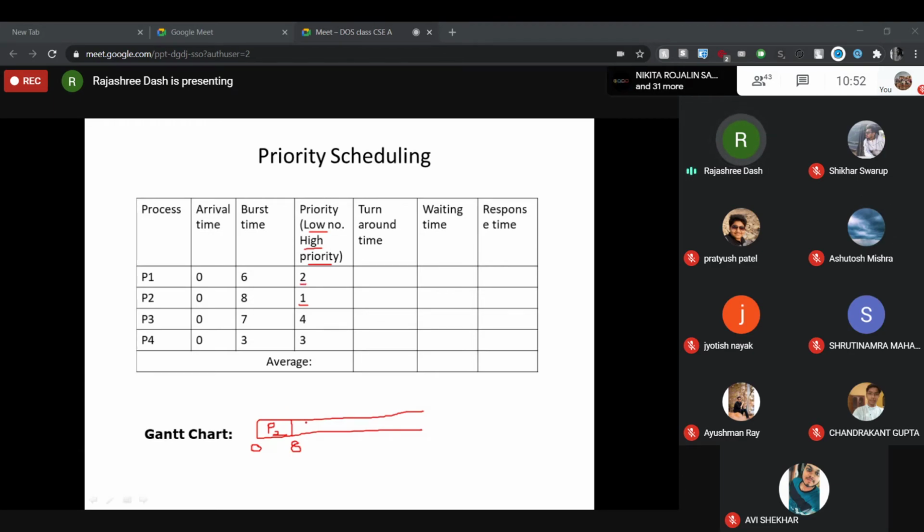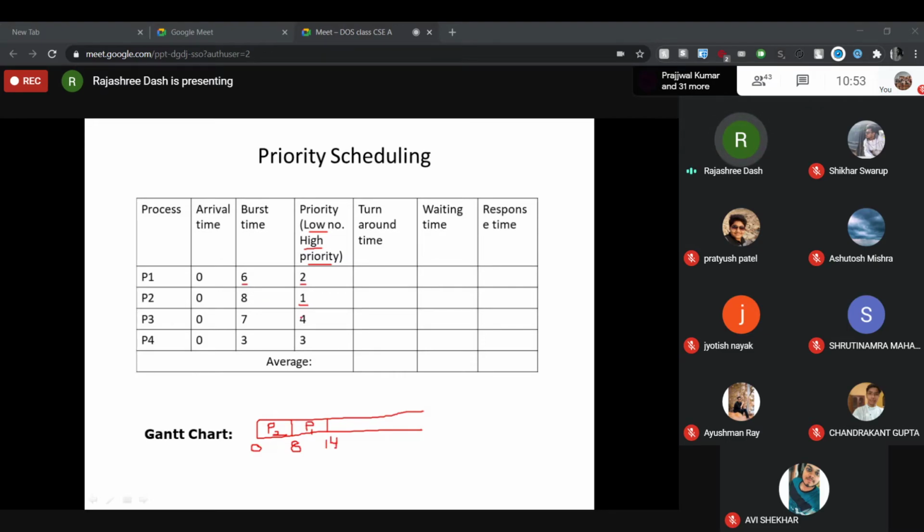So now P1 will start its execution. Now P1 will continue up to 14. 8 plus the burst time, not the priority number. 8 plus 6, that is 14. So P1 will continue up to 14.